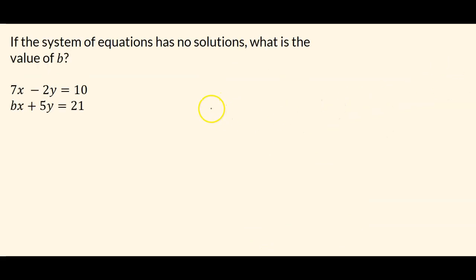And then the final example. This example is very interesting because this is one of the types of examples you will see on an SAT, ACT, or any of those standardized tests that require you to do a lot more mental digging. It's asking: if the system of equations has no solutions, what is the value of b? First, we write each of them in slope-intercept form. 7x minus 2y equal to 10.